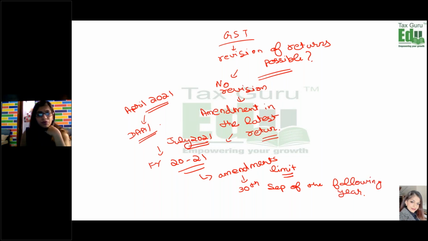Alaguji is saying before filing the annual return, agreed. But till now, nothing is happening that the annual return is filed before 30th September of the following year. So for 2021, it would be 30th September 2021. By this date, I can do all the amendments. By this date, if I want to issue any credit note or debit note relating to financial year 2021, it has to be done up to this date only. Beyond that, I won't be able to do that.